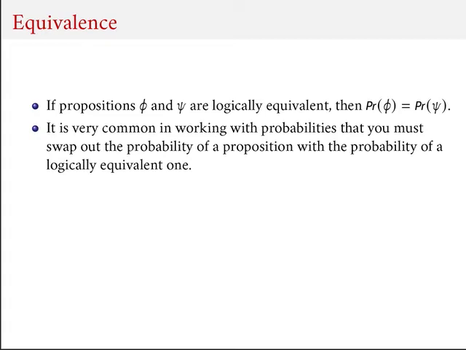There are many cases in which you will be asked about the probability of a given proposition, but you only know from the question the probability of some logically equivalent one. So if you know the probability of the logically equivalent one, you therefore know the probability of the one you're being asked about.